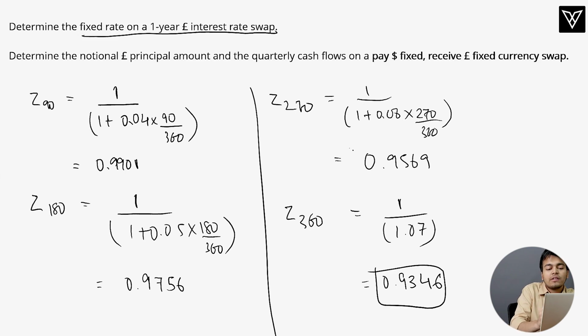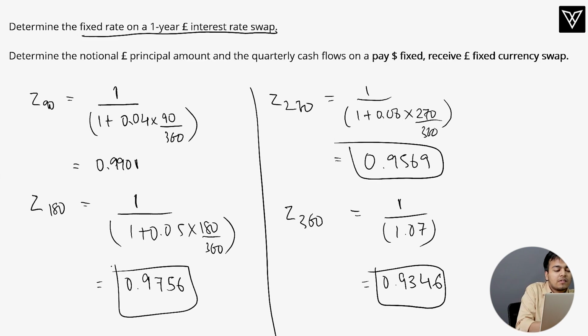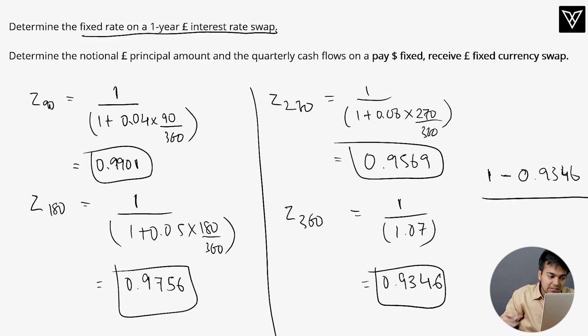Okay, we have all these numbers now. What we need to figure out is the SFR. The SFR would be nothing but 1 minus the last value, that is 0.9346, divided by the sum of all the numbers.